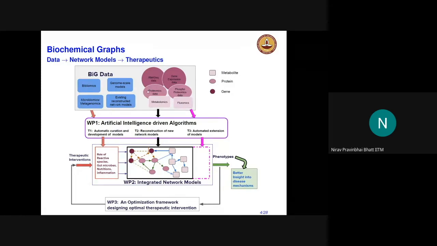Unlike completely blind data-driven approaches, we have these network models which we use to understand phenotypes, and ultimately use with control theory to build optimal therapeutic intervention.